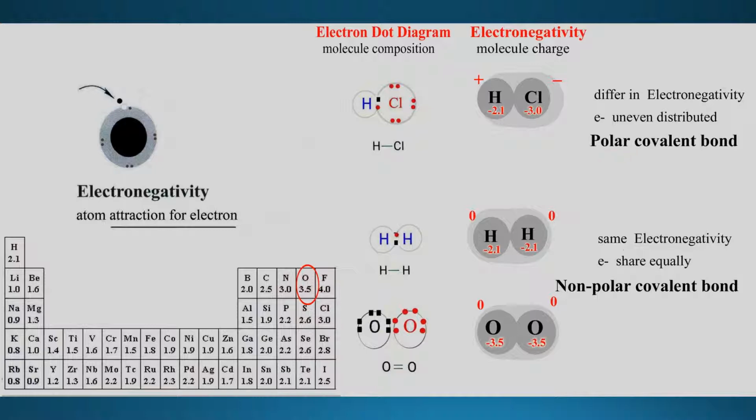But if they have the same electronegativities, it will make a non-polar covalent bond. So in conclusion, don't say ionic bonds have positive and negative charge and covalent bonds always have no charge. That's wrong. A covalent bond could have positive and negative charge as polar, and it can also be non-polar if they have the same electronegativities.